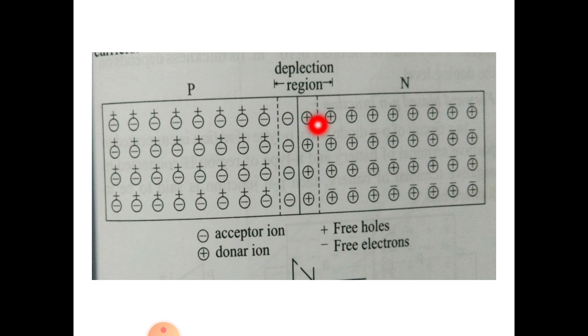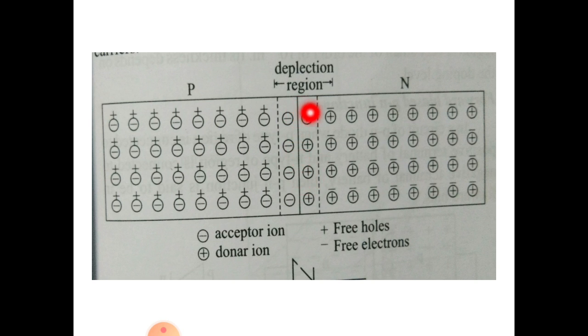See, this is a layer which is developed near the junction, and this layer or region is called the depletion region. In the depletion region, only immobile ions are placed. There are no free electrons or holes in the depletion region.